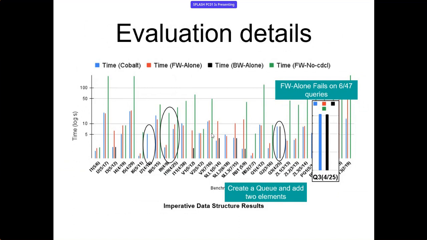As compared to that, the forward synthesis tool cannot find the solution in this case, because this query requires you to synthesize sequences of more than 3 calls along different branches, and that's why the forward alone couldn't find the solution. So for all those cases where the query specification was sufficiently rich, we found that the backward synthesis aided extensively in the solution of Cobalt.